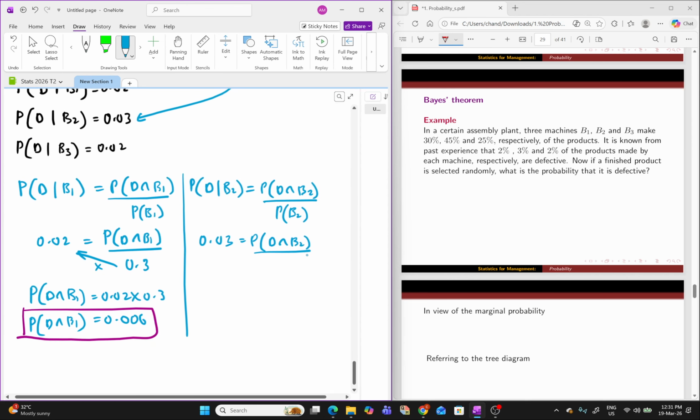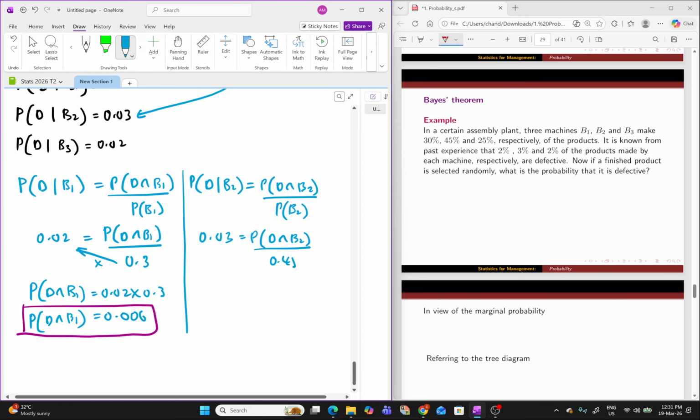B2 is 0.45. You cross multiply, and you will get 0.